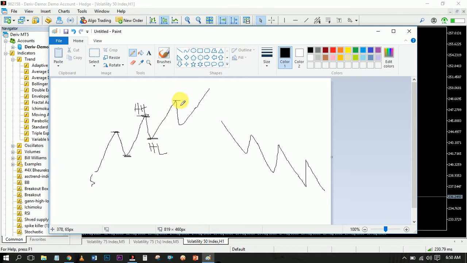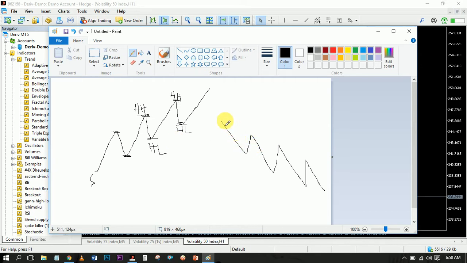The same thing here, you have your higher high and your higher low. So when you see a trend this way, it's a confirmation that it's an uptrend.